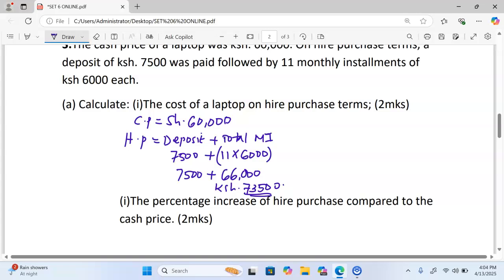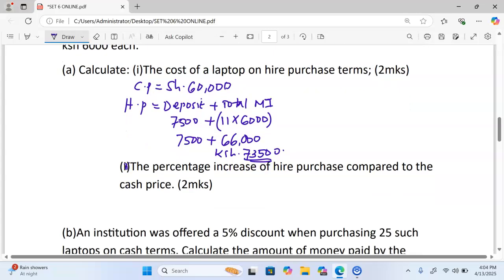Then Roman 2, they want us to calculate the percentage increase of hire purchase compared to the cash price. Remember, we have the cash price of 60,000. We also have the hire purchase of 73,500.